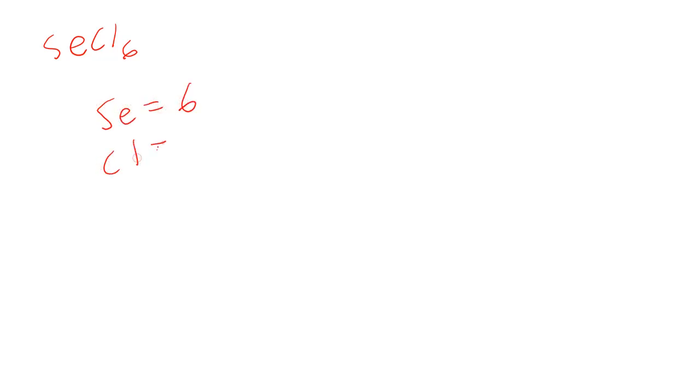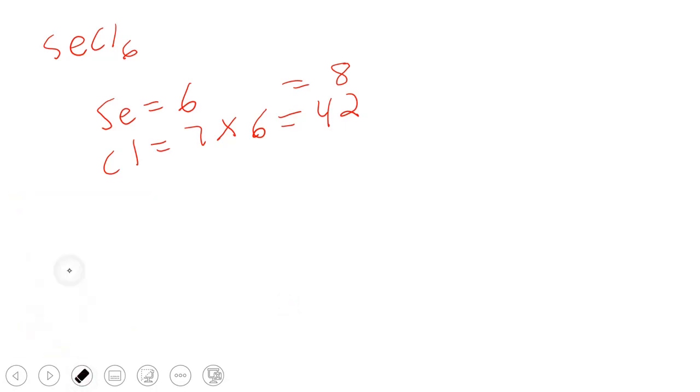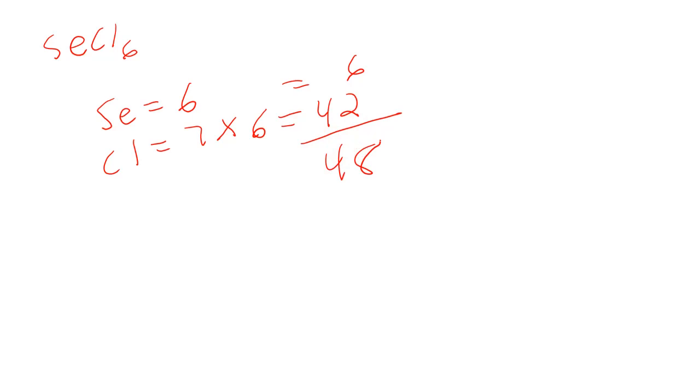And chlorine, we know, has 7 valence electrons. There are 6 chlorines this time, so 7 times 6 is 42, plus 6 from the selenium, so that's a total of 48 electrons.